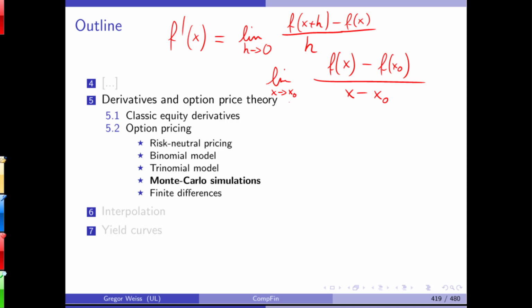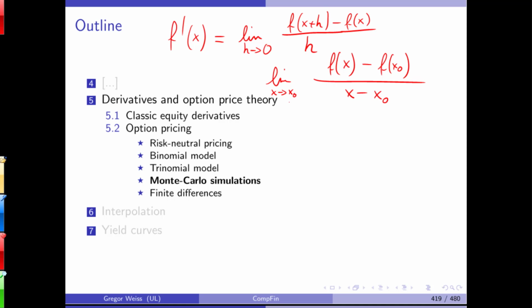Für was? Die Veränderung von f von x bei einer Veränderung von x. Und das Besondere beim Differentialquotient ist, dass es eine infinitesimal kleine Veränderung ist, deswegen x geht gegen x0 oder, in der anderen Sichtweise, h gegen 0, also die Differenz wird immer kleiner und es ist ein Grenzwert.